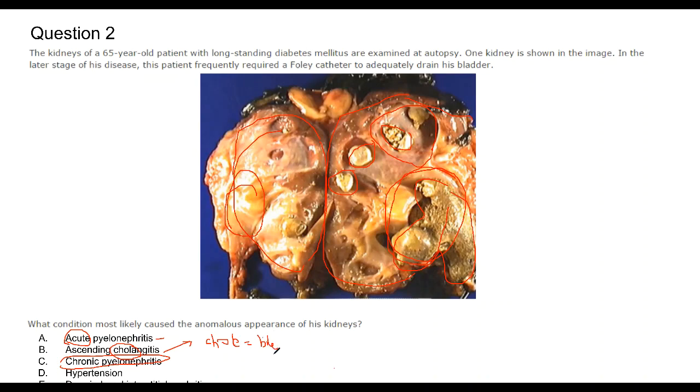So basically, ascending cholangitis means that you have a gallstone that gets stuck in the common bile duct, and it causes infection. So ascending means infection ascending from the common bile duct. So you have a stone, and it's causing infection that's spreading upward. Okay. So when someone tells you ascending cholangitis, then you think there's a stone somewhere that gets stuck in the common bile duct. All right.